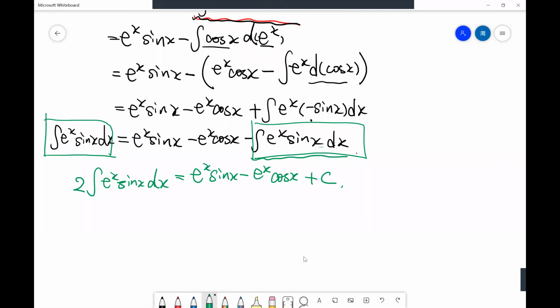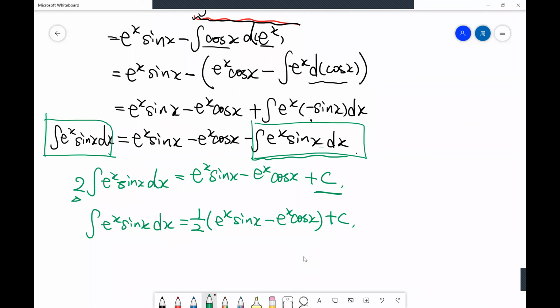So we finally find that the integral of e^x sin x dx equals, we take 2 from left to right, that means 1/2 (e^x sin x minus e^x cos x) plus C here. You don't have to write C/2, because C here means any constant.